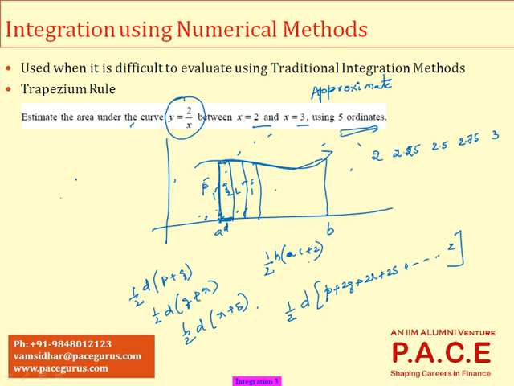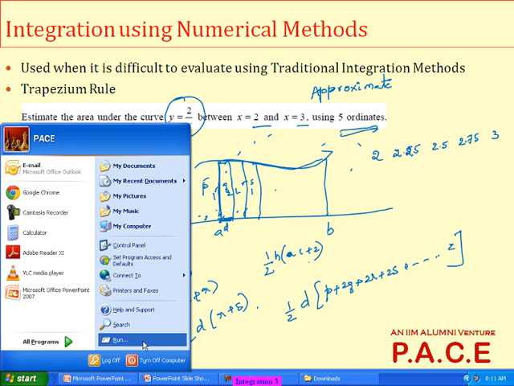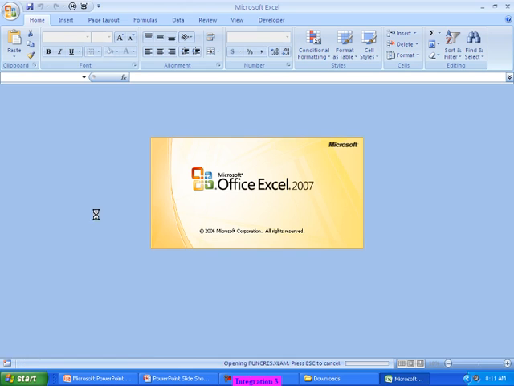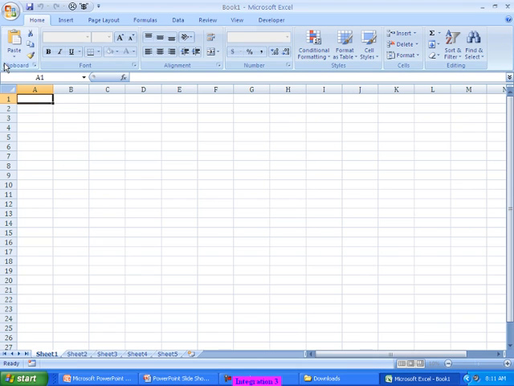The parallel sides of the trapezium. So I am trying to find out what will be the values of y when x equals all these things. Let me try to put it in a spreadsheet. It becomes easier for me. But yes, you have to do it using your calculators itself. Now, I have the values 2, 2.25, 2.5, 2.75 and 3.